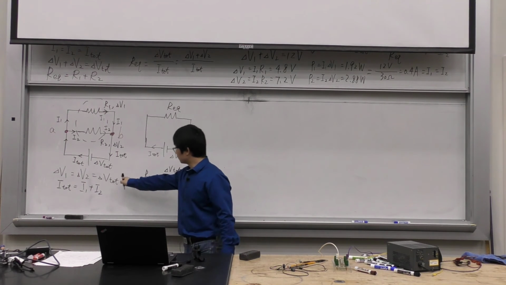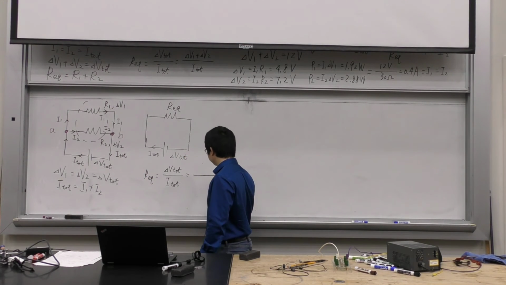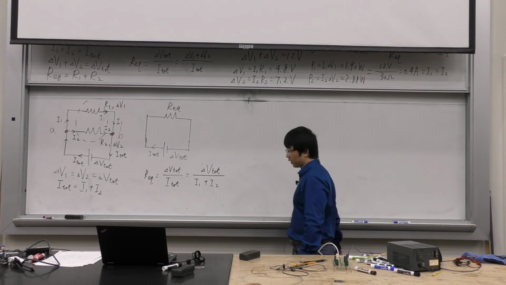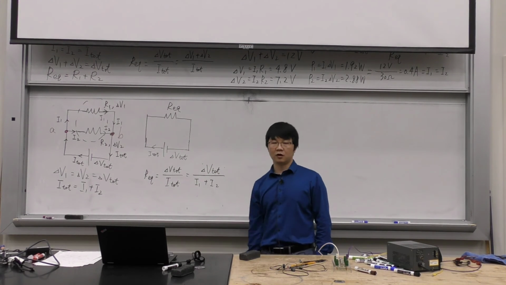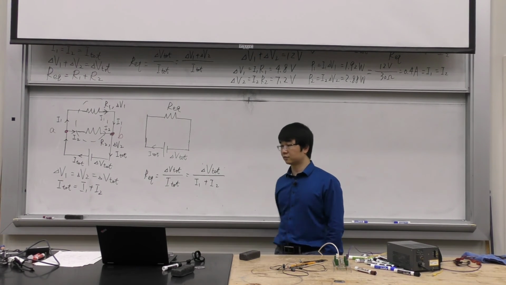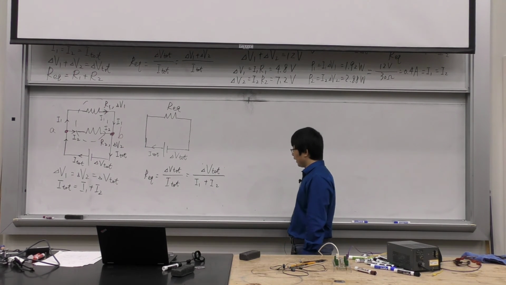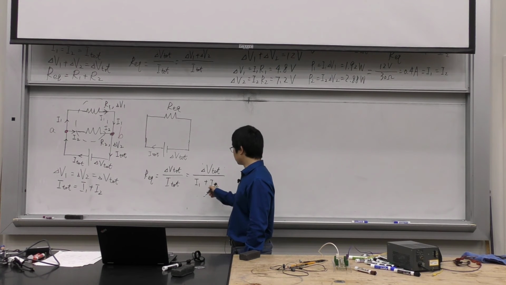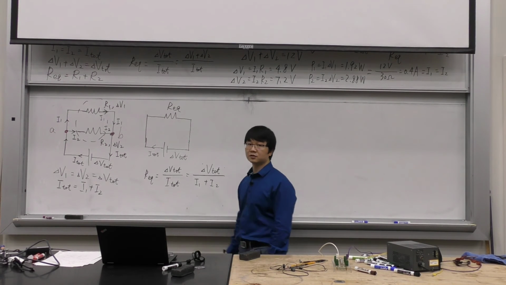Now let's make use of these two relations. I can first write this I total as I1 plus I2. I want to split them up so I can have all values of R1 in one term and all values of R2 in one term. We can't split them up as they are because they are the denominators, but we have seen this trick before.